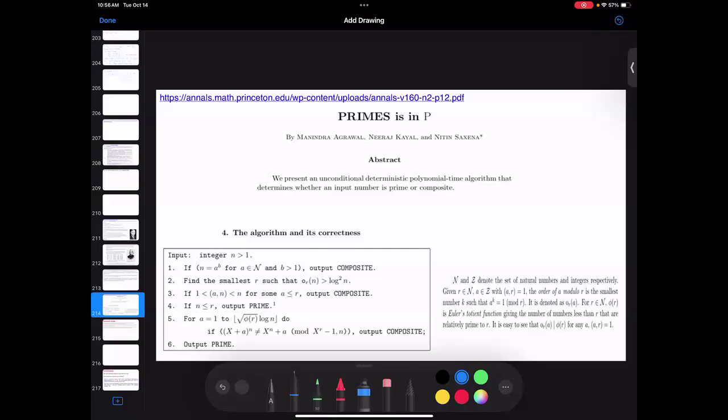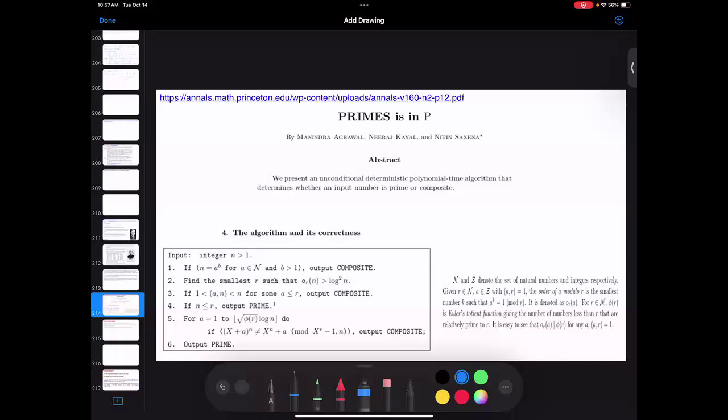And the only methods we had for the longest time were either probabilistic or they worked assuming certain well-believed conjectures held. A computer scientist in India and his 2 undergraduates found an algorithm that worked around 2002.